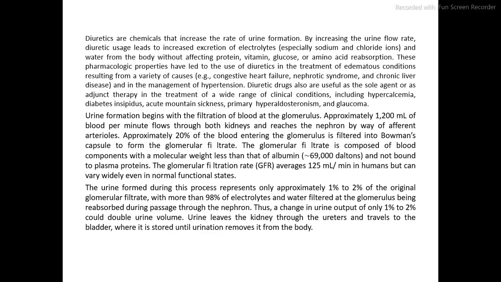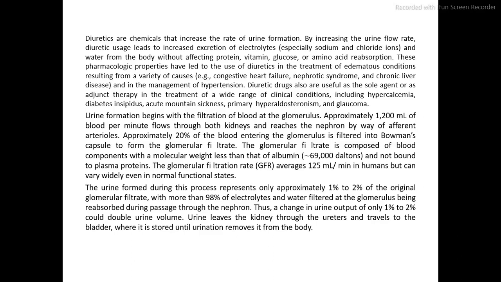The glomerular filtration rate averages 125 ml per minute in humans, but it can vary in normal functional states. So check properly how much blood reaches the kidney: 1200 ml. And how much glomerular filtrate is formed from it? That is around 125 ml, approximately 10% of the 1200 ml.